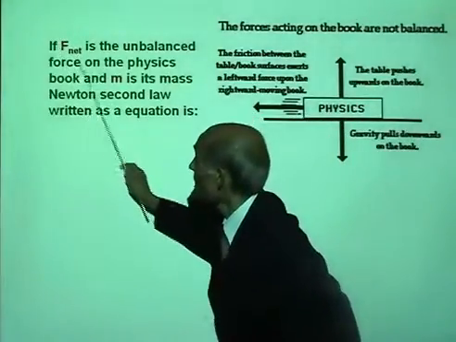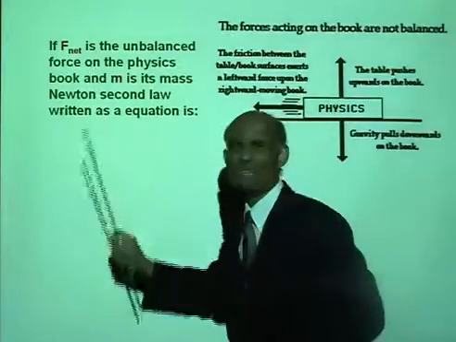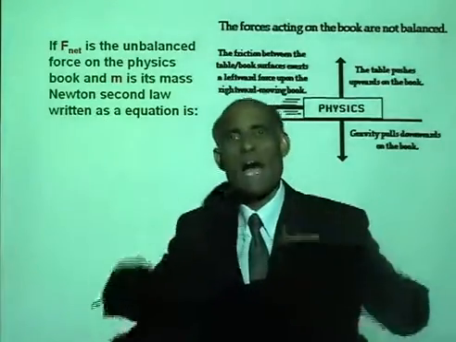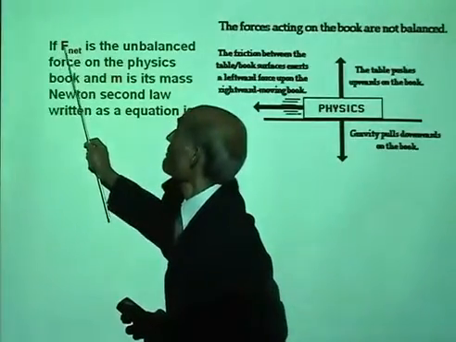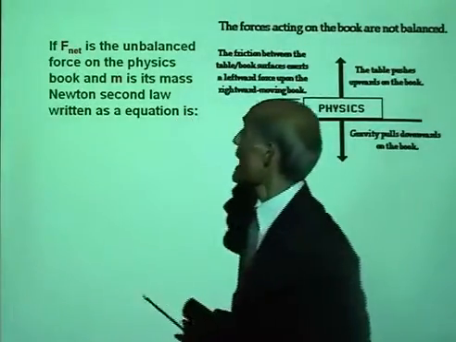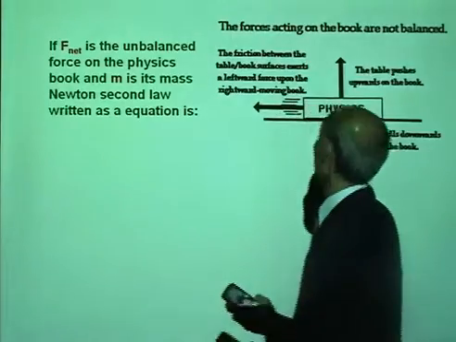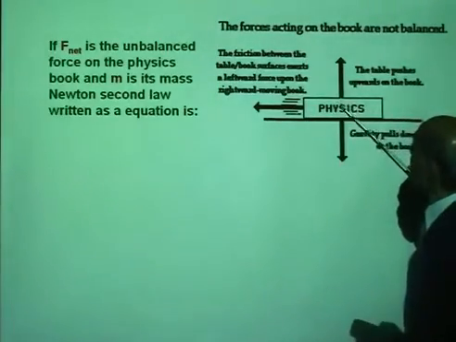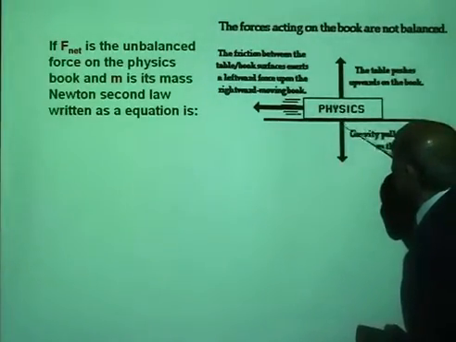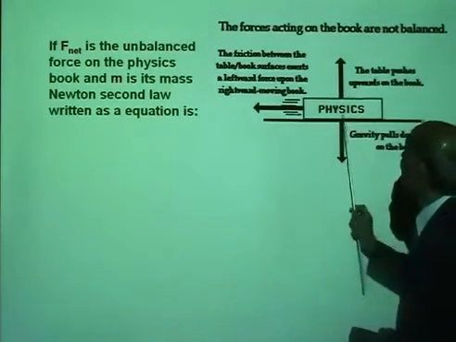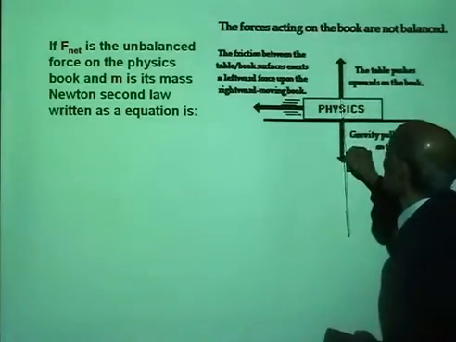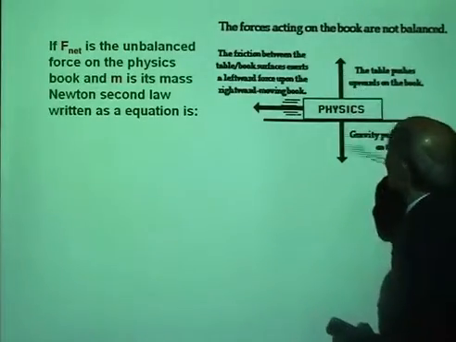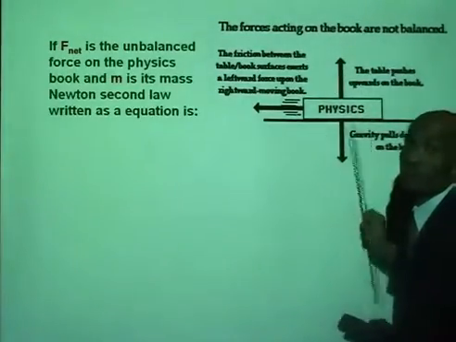Now, F net means the net force or unbalanced force. This is a way of writing it. F net is the unbalanced force on the physics book. You can see? Now, the force of gravity on the book is balanced by the force applied by the table. So there is no unbalanced force in the vertical direction.